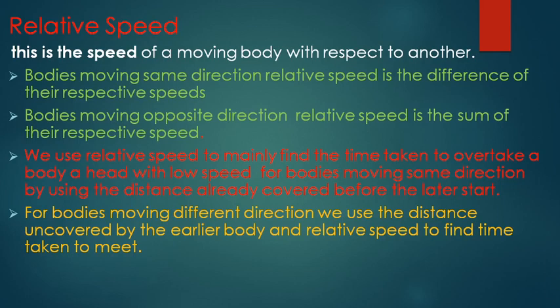The remaining, uncovered distance is what we use, together with the relative speed, to find the time taken to meet, because that is the distance they must compete for to meet at a specific time or place.